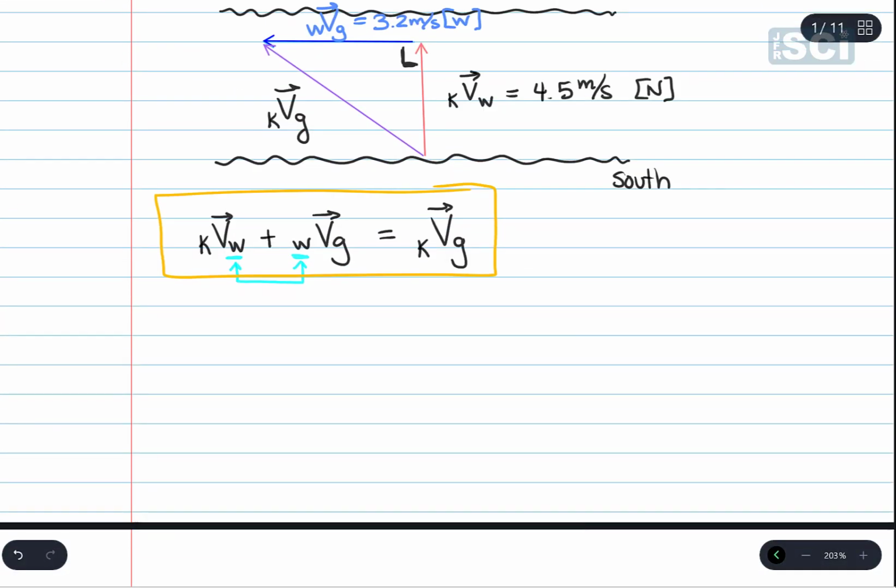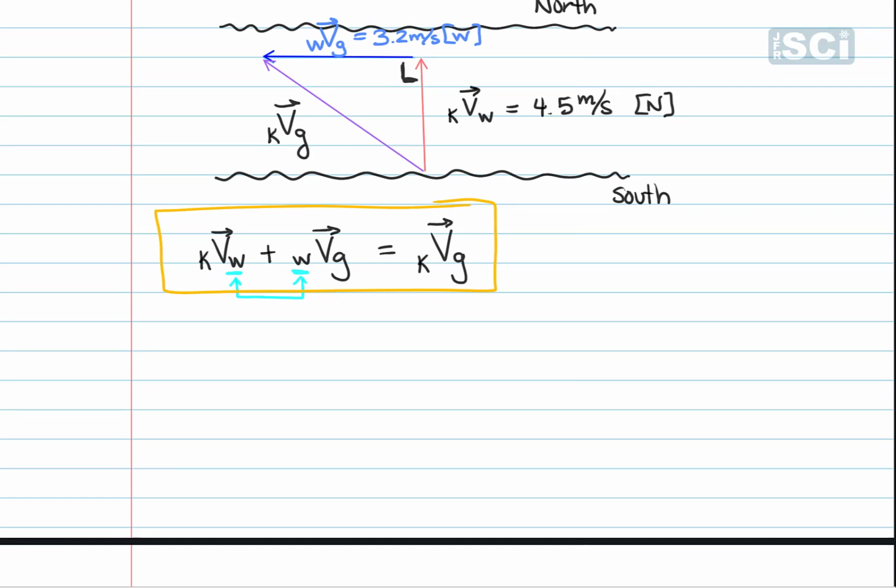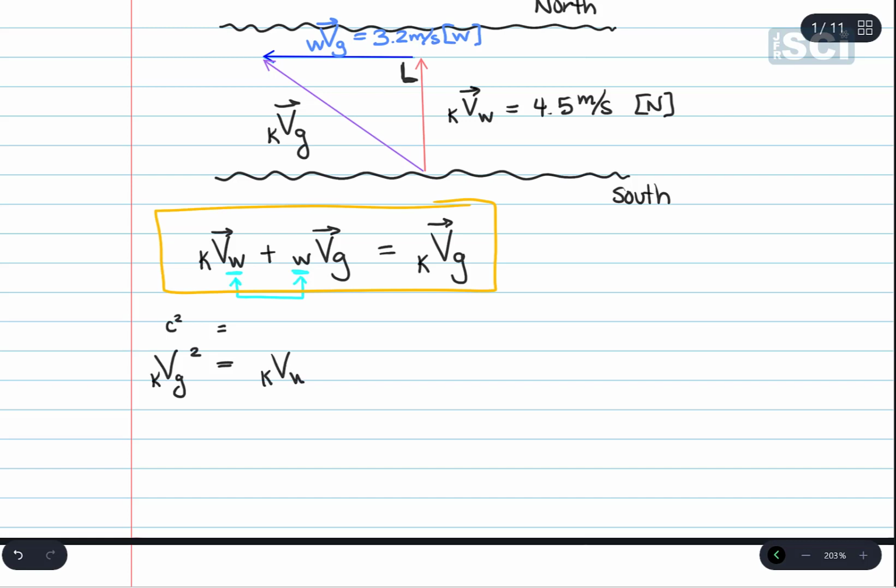Okay, so when we use this a squared plus b squared equals c squared identity, we are actually finding the lengths of the sides of the triangle. So I'm going to say VKG squared is equal to, that's like saying c squared equals, one of the legs of the triangle, the red or the blue vector, so let's say VKW squared plus VWG squared.